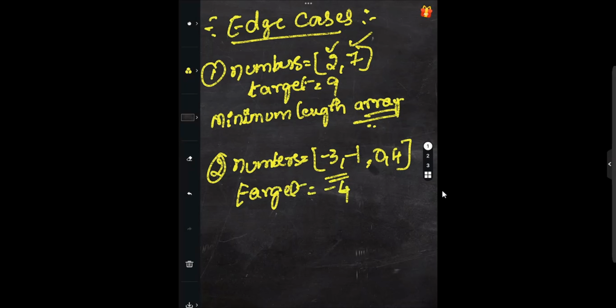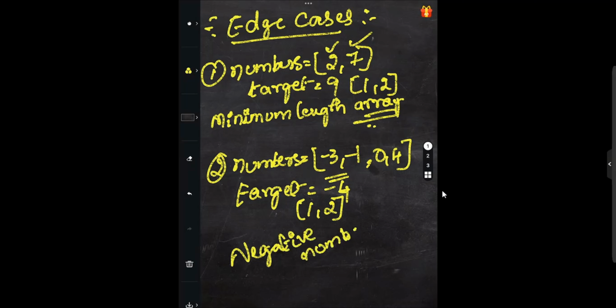Here the output will be 1, 2. Here the output will be 1, 2 as well. Here also the output will be 1, 2. This is for the negative numbers. This is the second edge case that we are dealing with.